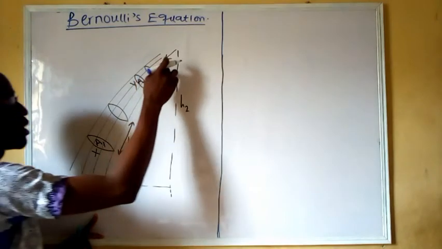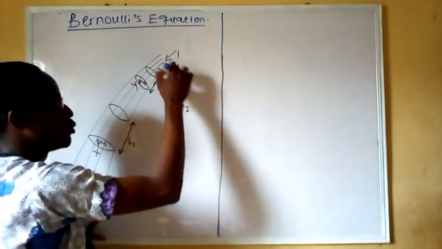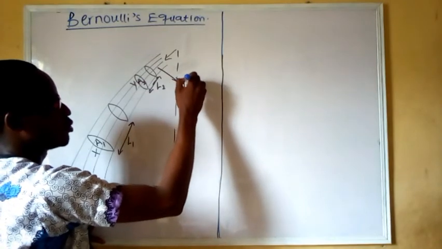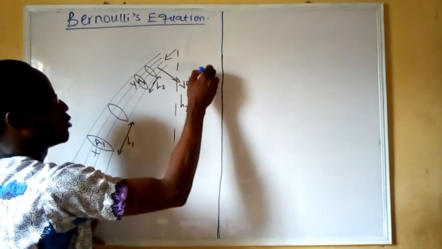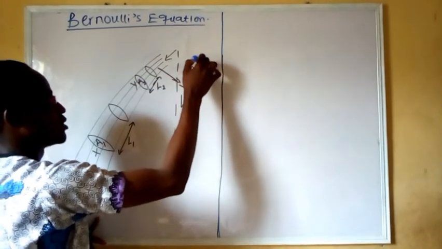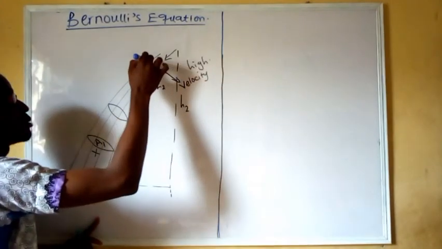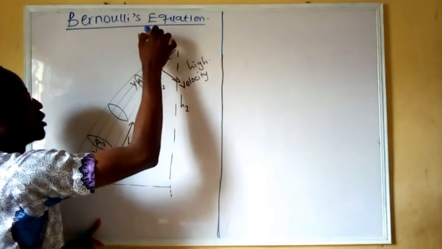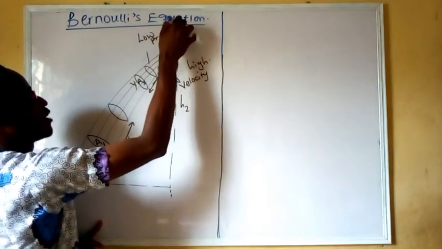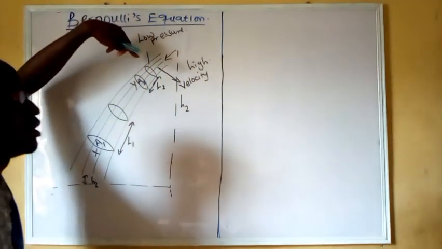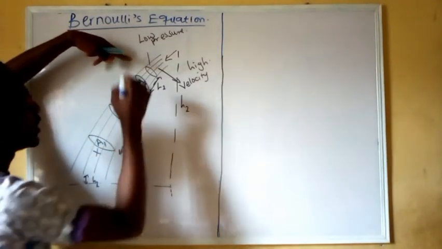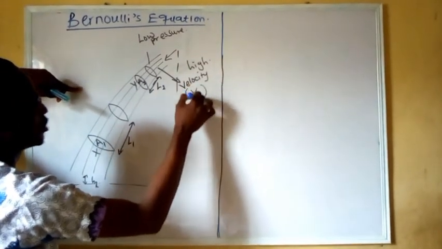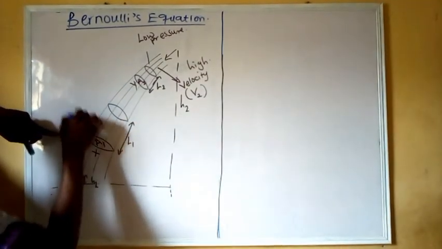At this particular point, the fluid flows with a high velocity and a low pressure. At a point where we have high velocity, definitely there will be lower pressure. Here we call that V2. So here we have high pressure.